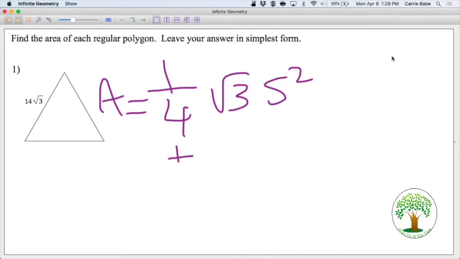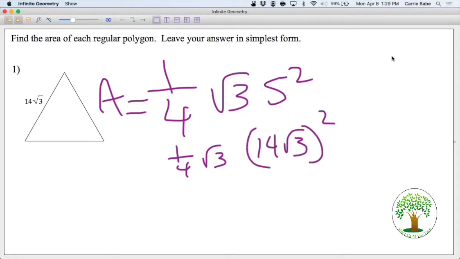So if we go 1/4 square root 3, what is 14 square root 3 squared? You'll need it exact, so be careful what your calculator might do. 14 squared is 196.